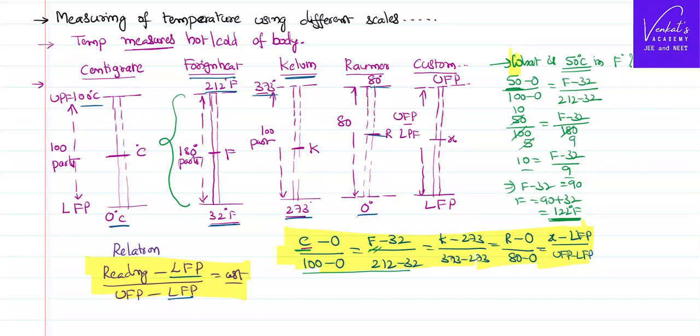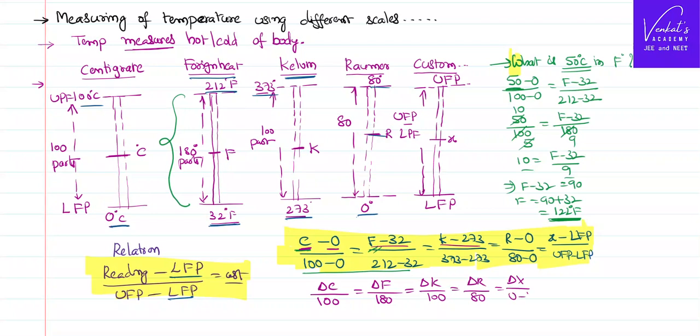Just to continue further, C minus 0 you can call as the difference in temperature, by 100 minus 0 as 100. F minus 32 as the difference in Fahrenheit, 212 minus 32 is 180. K minus 273 is delta K by 100. Delta R by 80.